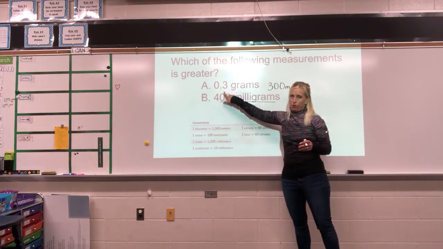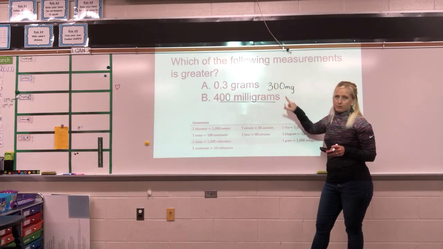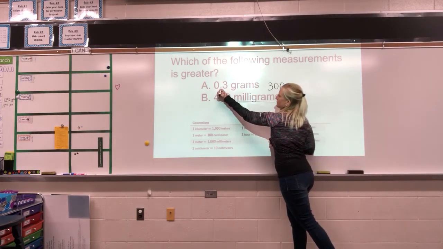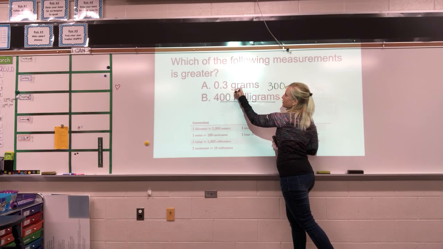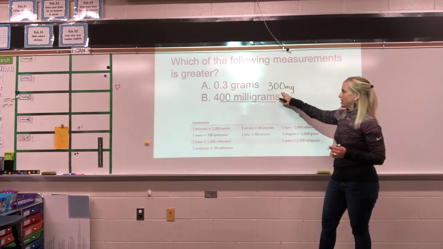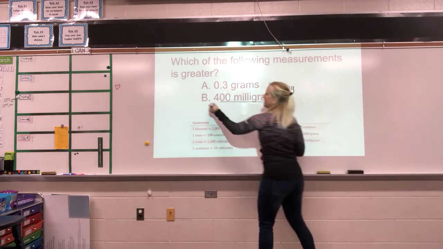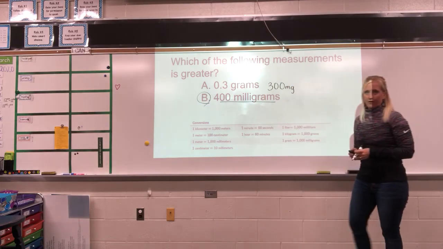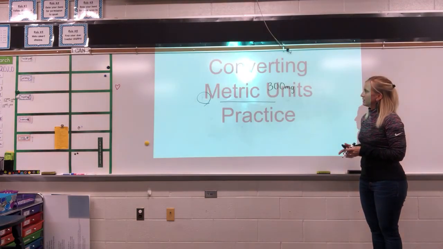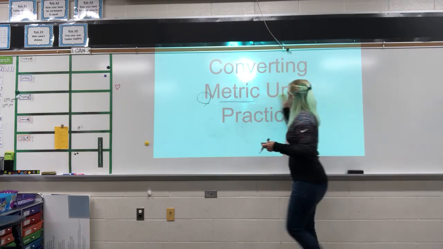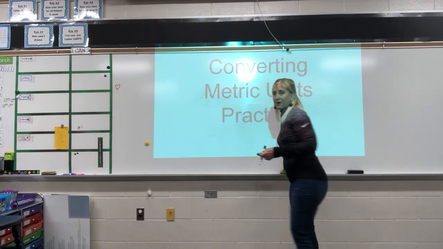I don't have a whole gram, so it's 300 milligrams. I moved that decimal 1, 2, 3 spots to get to 300. So the one that is greater is my 400 milligrams. Okay, so go ahead and grab some paper and then we'll do some practice problems together.